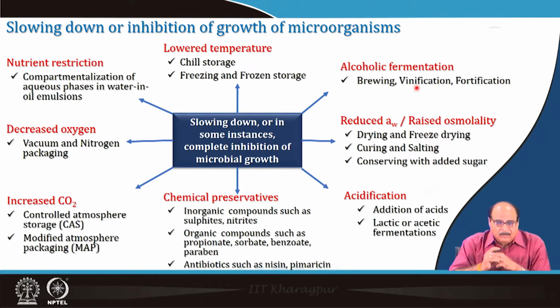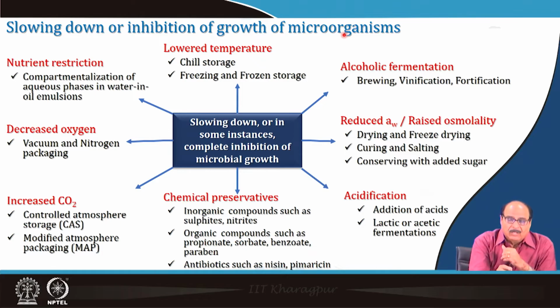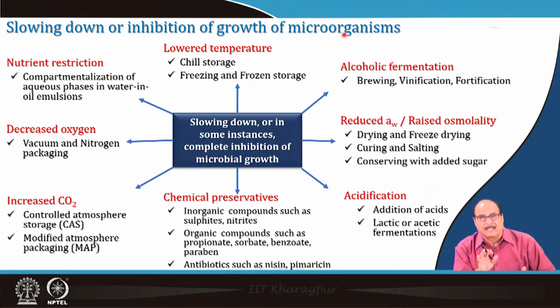We will take up first the set of technologies which work on the principle of slowing down or inhibiting the growth of microorganisms in food. They include lowering of the temperature, because temperature is one factor which influences the rate of microbial growth, like chill storage or freezing and frozen storage.